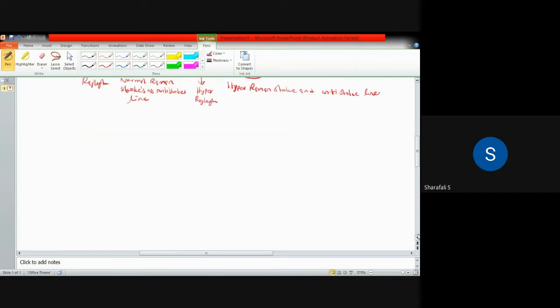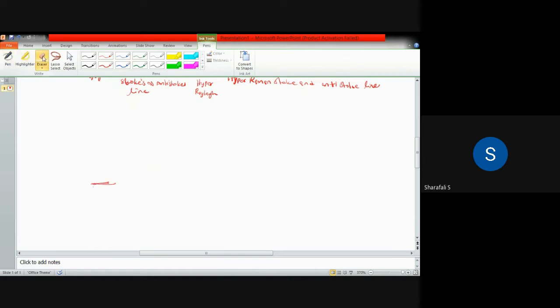This can be explained in the simplest way by the quantum theory explanation. In this, we will consider different energy levels.